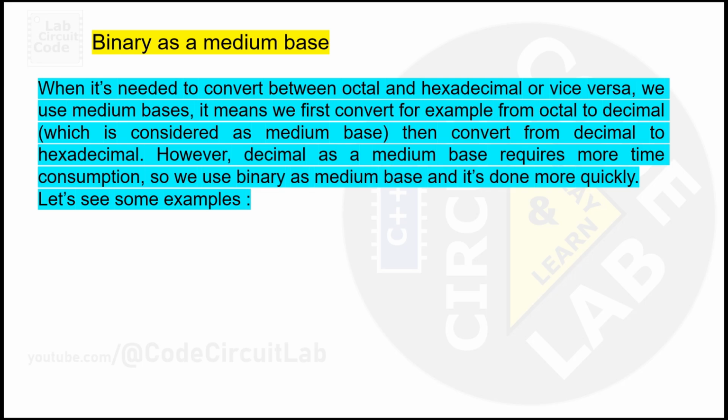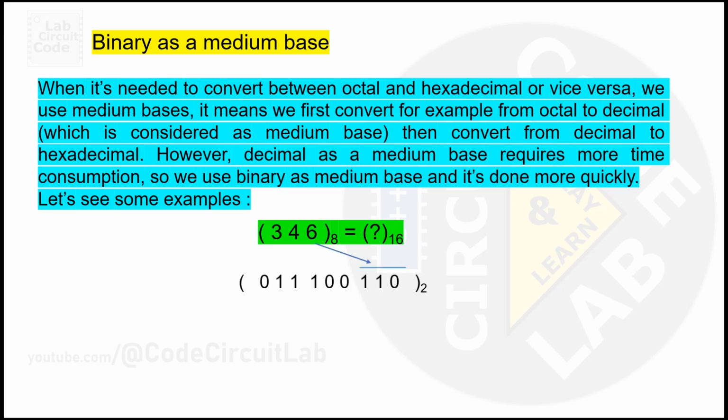Let's see some examples. Let's say we have the number 346 in octal that we need to convert into hexadecimal. We want to use binary as a medium base. So we first convert 346 into binary with the methods that we just learned in previous slides. 6 makes 110, 4 makes 100, and 3 makes 011.